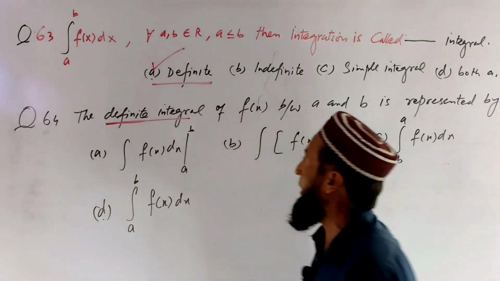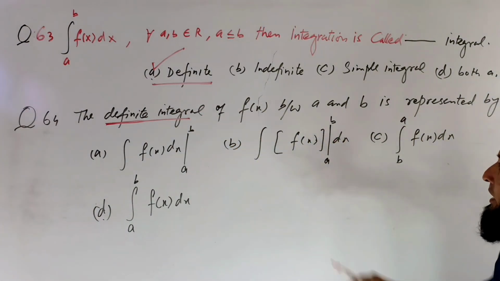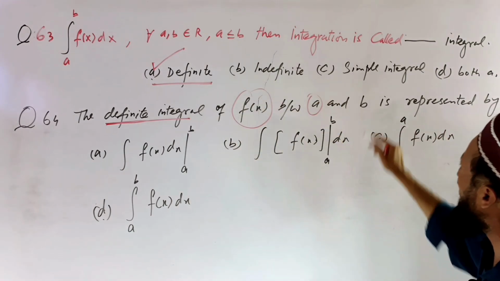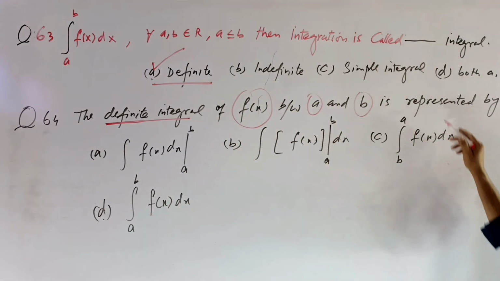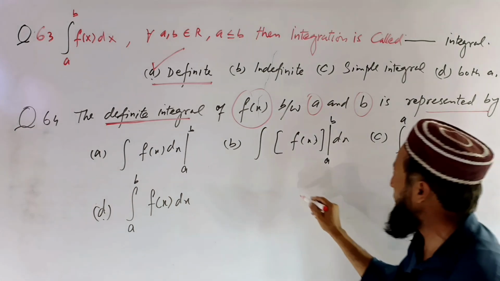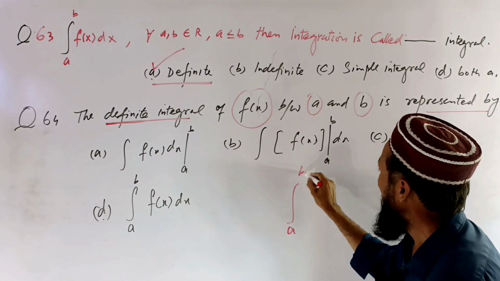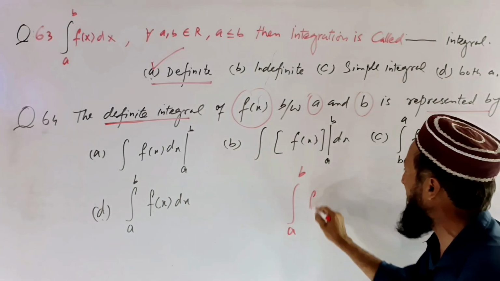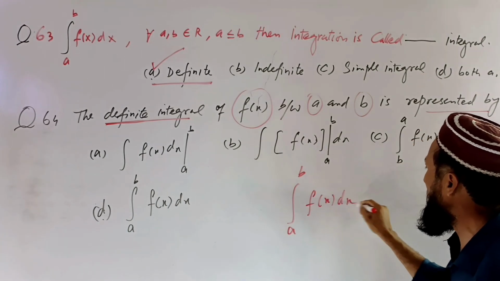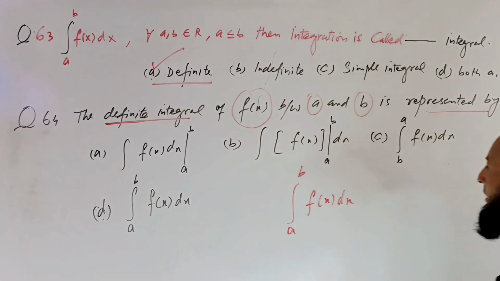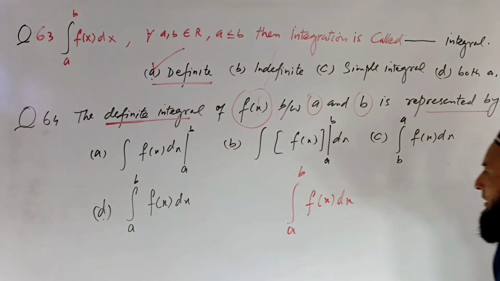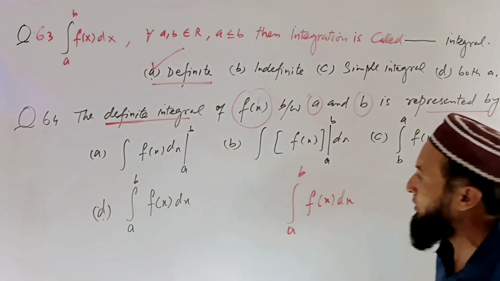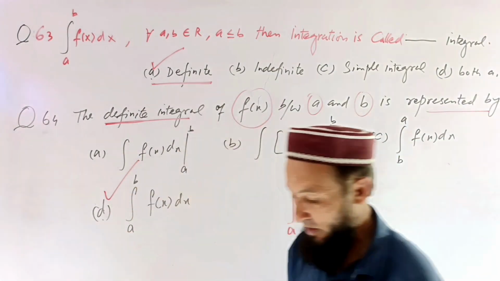Here the lower and upper limits must be given for the function f of x between a and b. A is called the lower limit and b is called the upper limit. How is it represented? As we know the formula, a is the lower limit and b is the upper limit, f of x dx. So that is the definite integral representation or notation. So option D is the correct option.